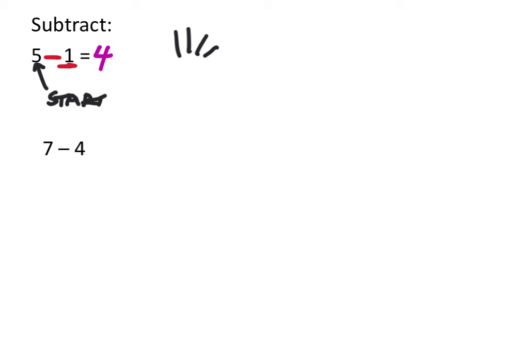But when we're dealing with smaller numbers like this, it's extraordinarily convenient just to have fingers. And you'd say, well, I got 7 fingers up, 1, 2, 3, 4, 5, and then 6, 7. That's how much I start with. And then I'm going to take away these 4 fingers, right? So I'm going to put this one down, 1, 2, 3, 4. And how many fingers do I have up now? It's 3 right there, okay?